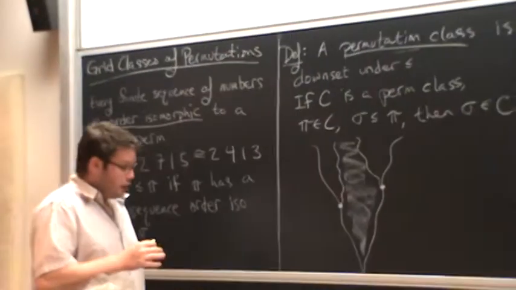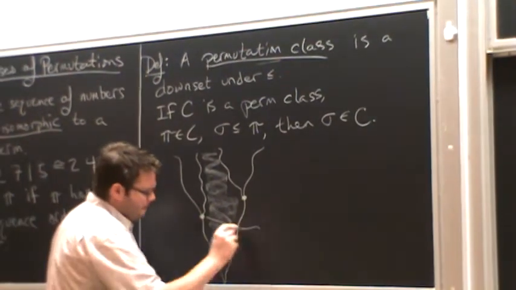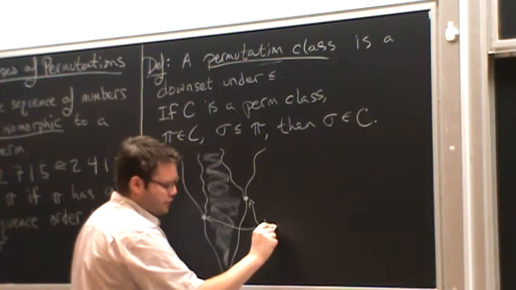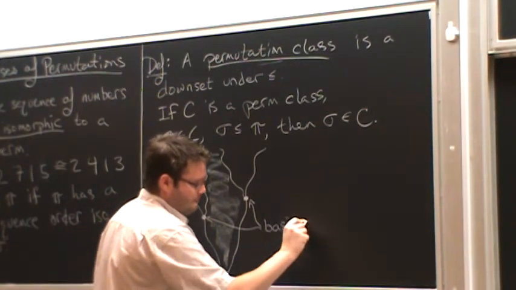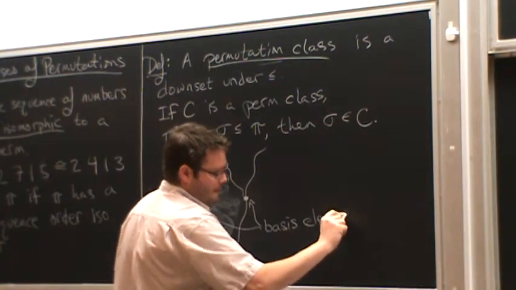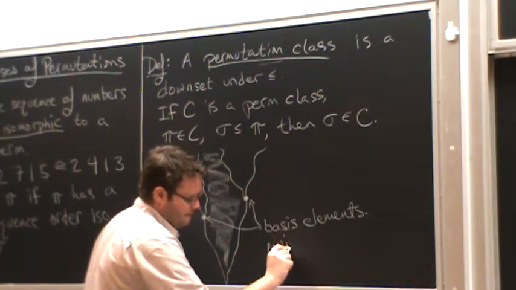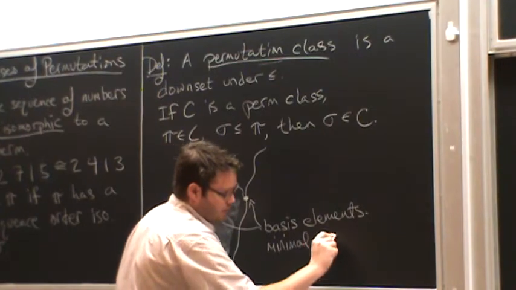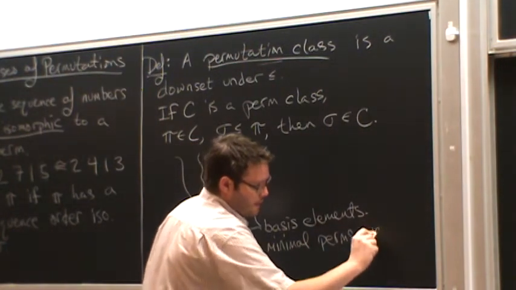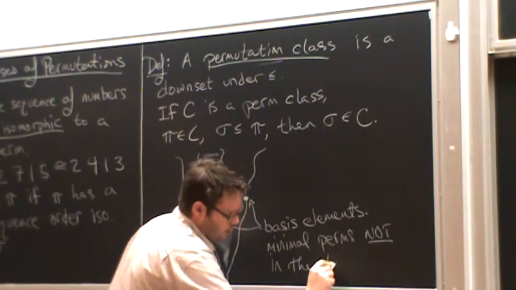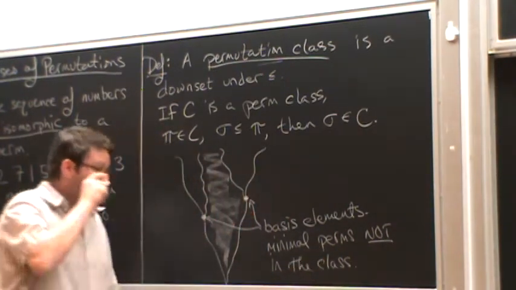And so we can give those a name. These we'll call the basis elements. So these are minimal permutations that are not in the class.